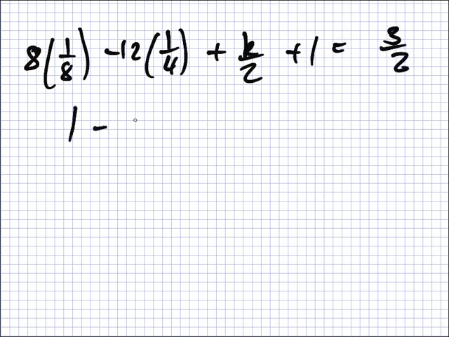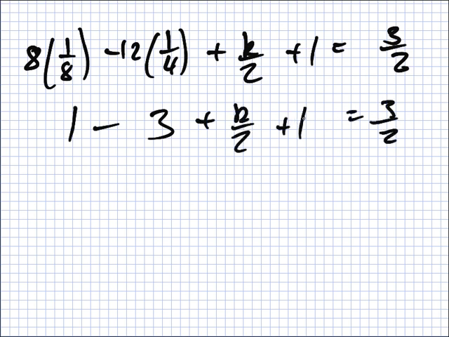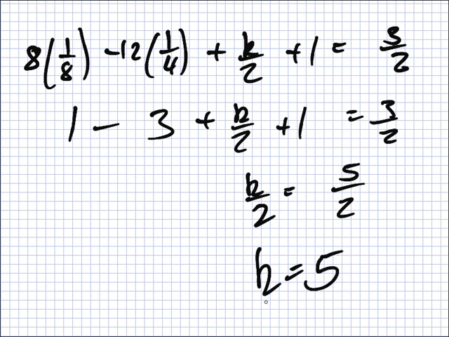So that's 1 minus 3 plus k over 2 plus 1 equals 3 over 2, right? So that's 2 minus 1, k over 2 equals 5 over 2. k is 5? Yeah. Okay. Straightforward, I hope.